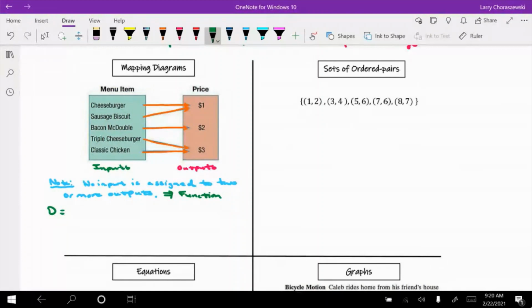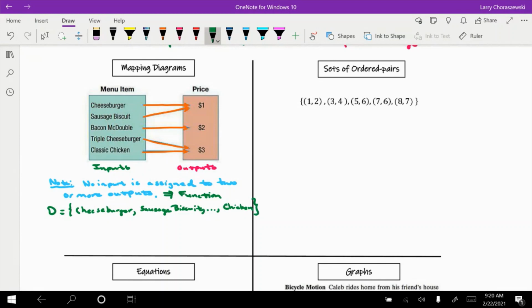But the domain would consist of a list of all the inputs. So you could literally write the word cheeseburger in your set notation, and then the sausage biscuit, and then so on and so forth until you get to your classic chicken.